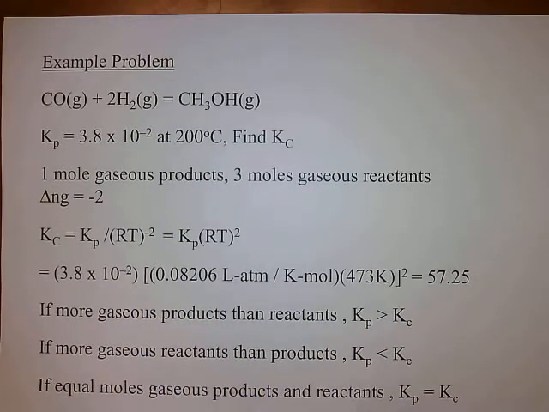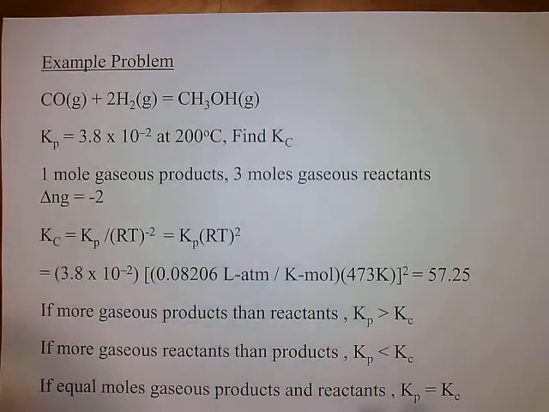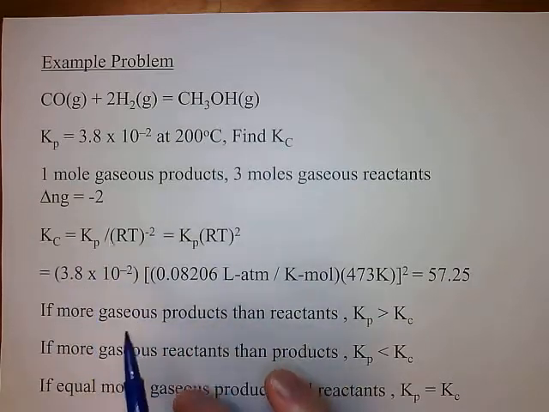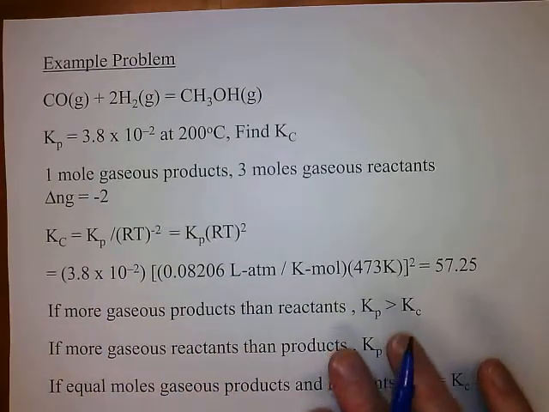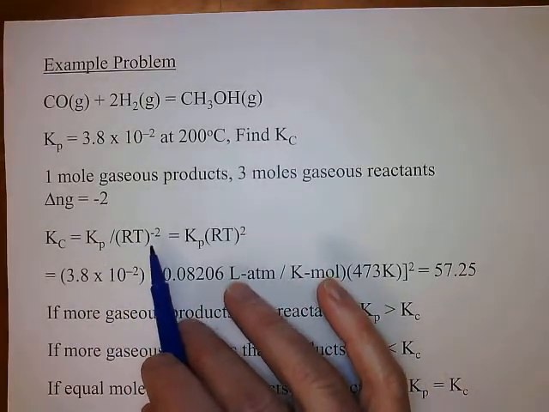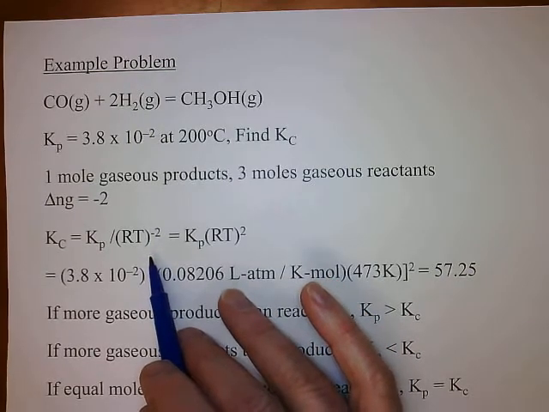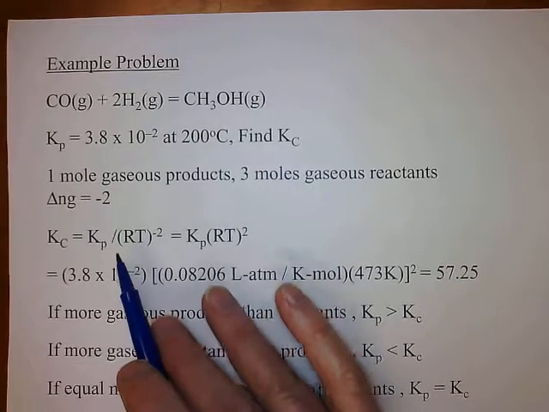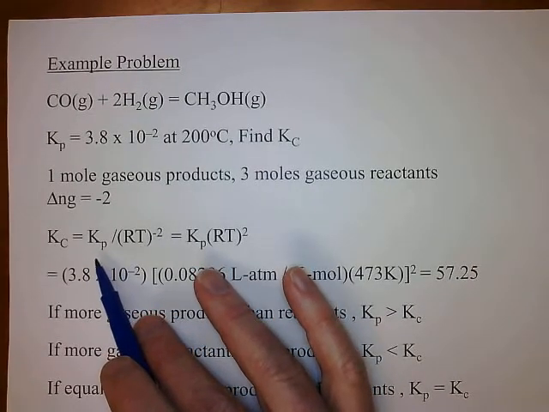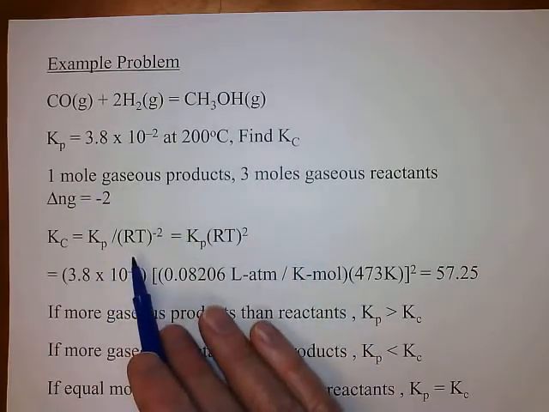Okay, so Kc is Kp divided by (RT) to the minus 2 power. I simply took the equation that I gave you and rearranged it to solve for Kc.